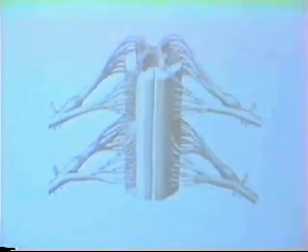So the only things that the posterior ramus innervates are the skin of the back, the deep back muscles, and the synovial joints of the spine. That's it. The skin of the back, the deep back muscles, and the synovial joints of the vertebral column. Everything else that gets spinal nerve innervation gets it from the anterior ramus.